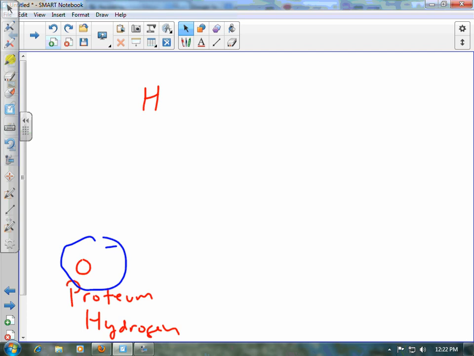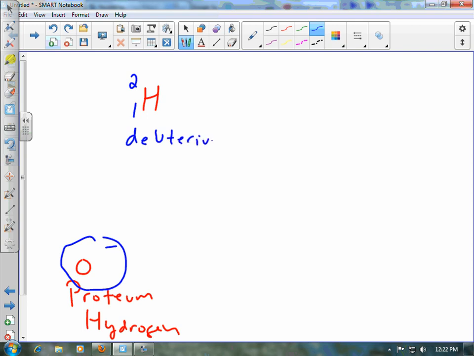So we're going to take H2, which is deuterium, and we're going to add it to H3, which is tritium, and we're going to get helium.